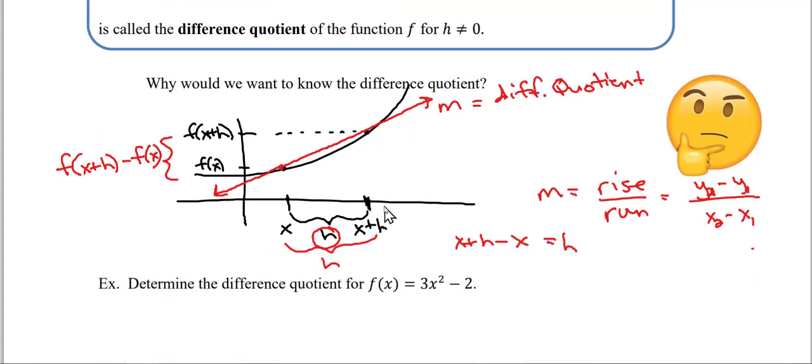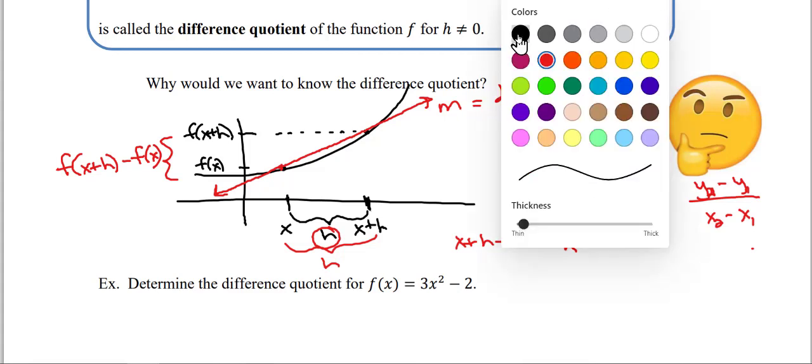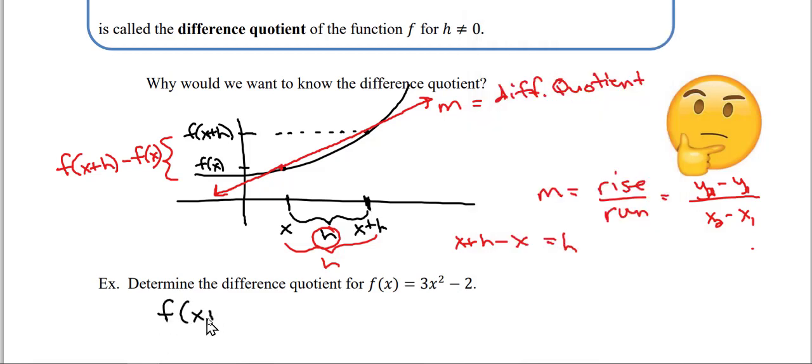Okay? Let's actually find the difference quotient for a function. Remember, our definition is f of x plus h minus f of x all over h.